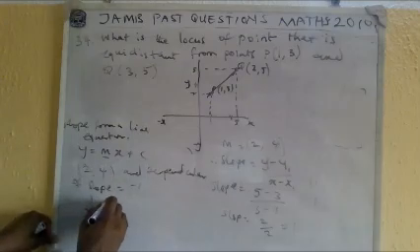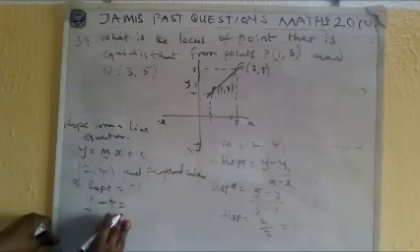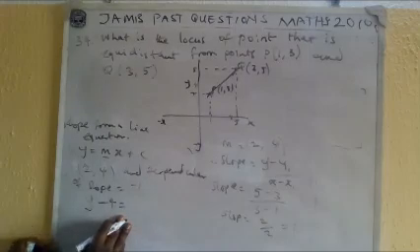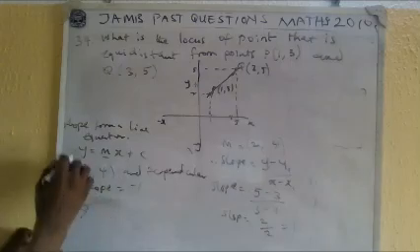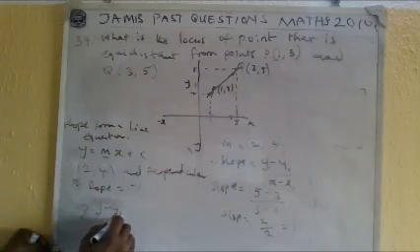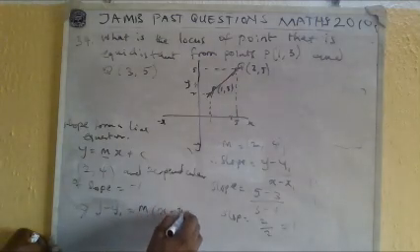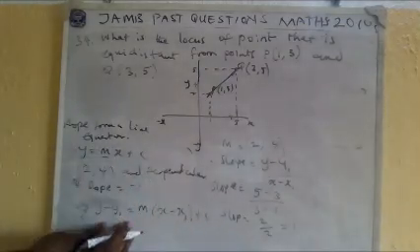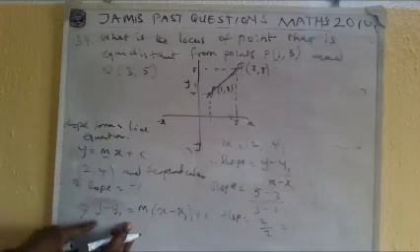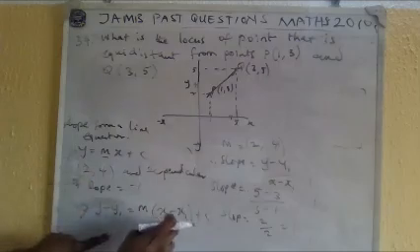Y minus 4 is equal to, I'm getting this one from here. This y actually is y minus y1 is equal to m times x minus x1 plus c. This is where this one came from. This y is a difference, the difference of y over the difference of x.